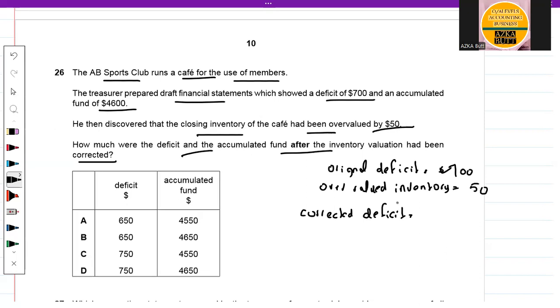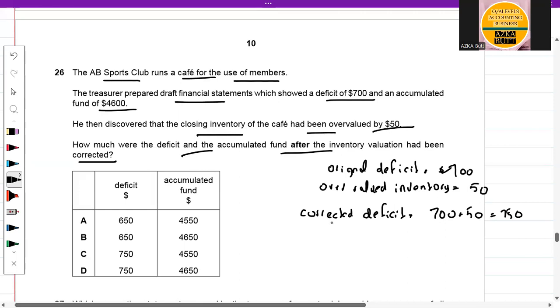So we have to add the $50 to the 700, because the overvaluation reduced the expenses and understated the deficit. So now the deficit is 750.